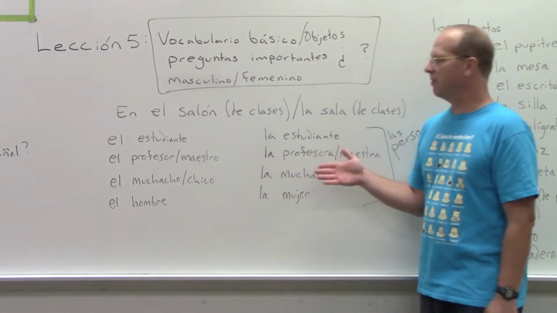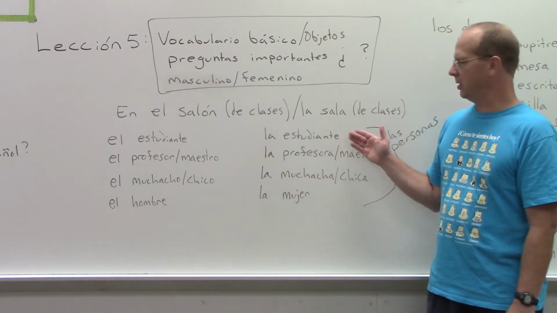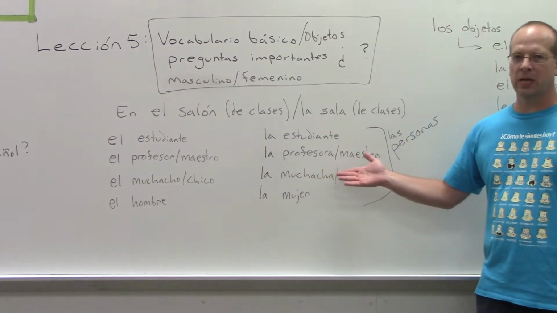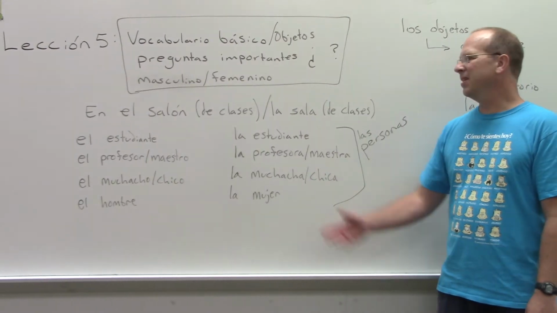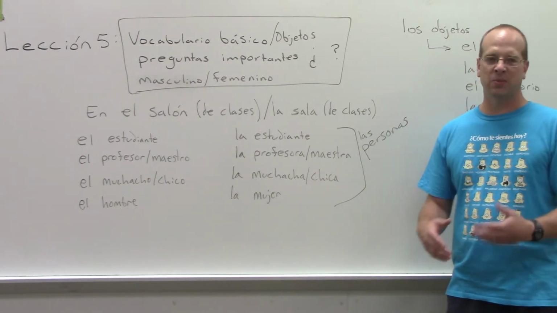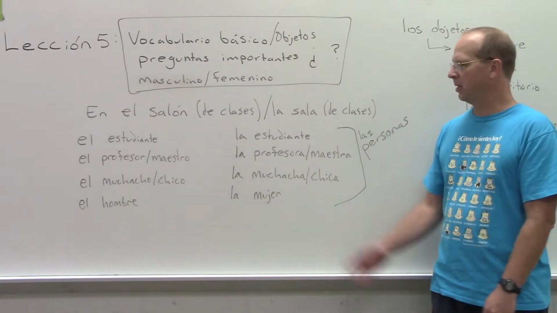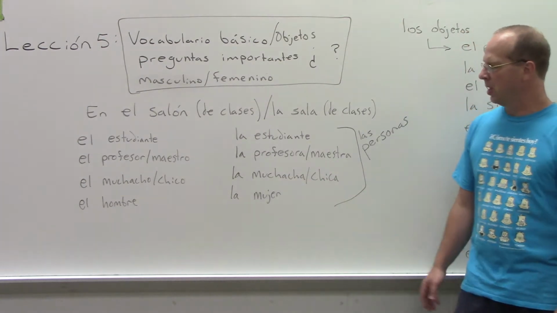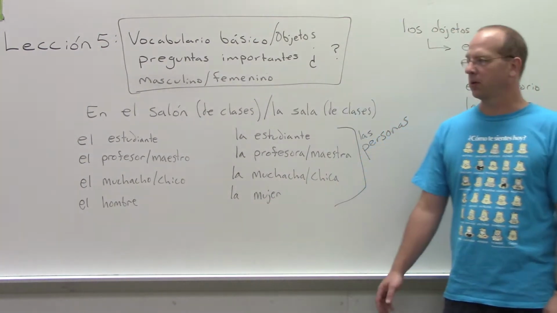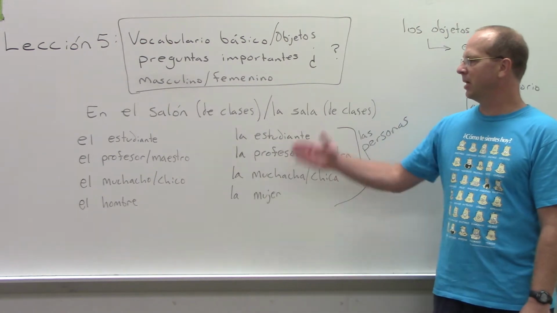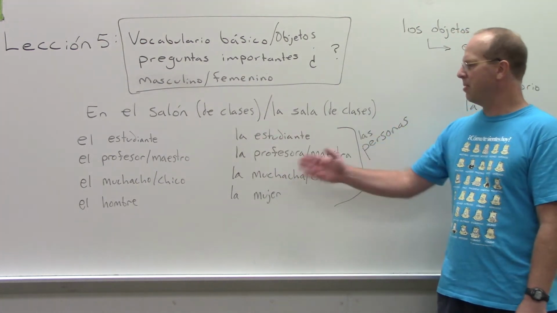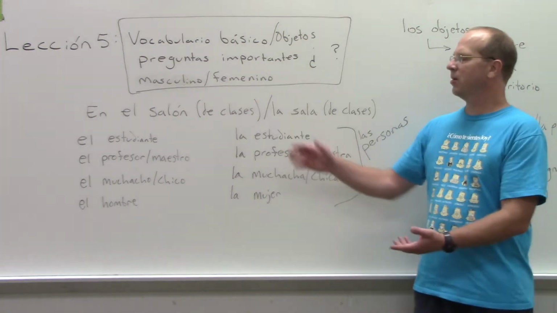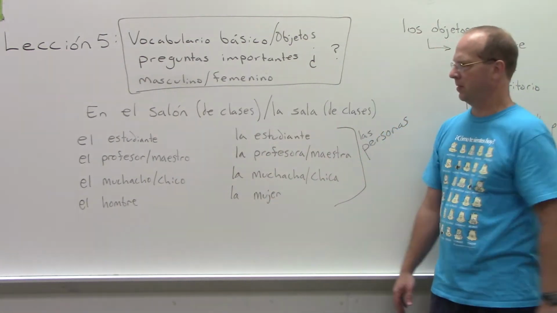And then you also have la estudiante, la profesora, la maestra, la muchacha, la chica. The thing for me about chico y chica is that makes me think of sizes, but a lot of people say chico y chica for people. All right, and then la mujer. So, el estudiante, la estudiante, el profesor, el maestro, la profesora, la maestra, etc. These are all people, las personas.